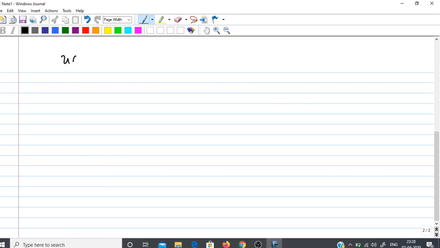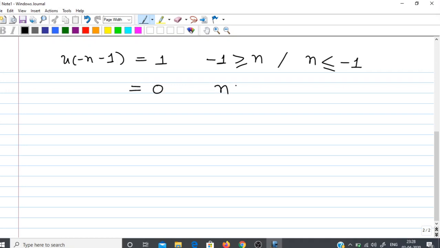So u[-n-1] is the sequence which is 1 for n less than or equal to -1 and it is 0 for n greater than -1.